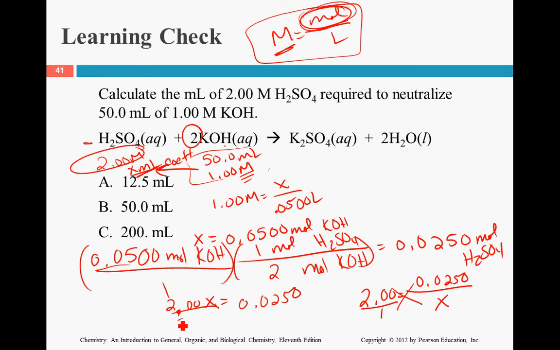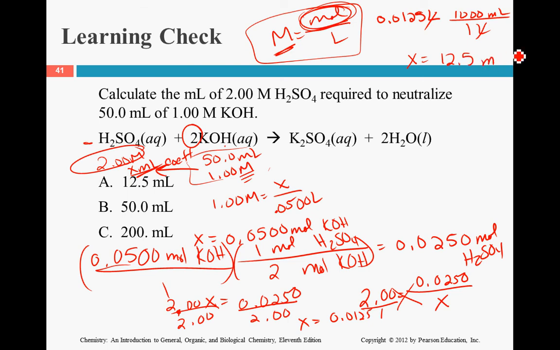And then from here, we can divide. X is then equal to 0.0125. Now remember, that is actually in liters. We want the answer in milliliters. So in 1 liter, there's 1,000 milliliters. Liters are canceled, so you multiply by 1,000, and that becomes 12.5 milliliters.